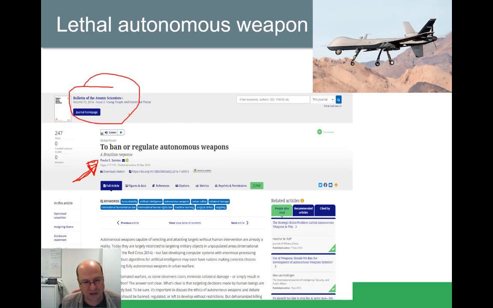It was created by members of the Manhattan Project after they worked on the development of the atomic bomb. So it's directed at discussing ethical questions in science in general. And in this article, and in many other articles, they are discussing the problem of lethal autonomous weapons.